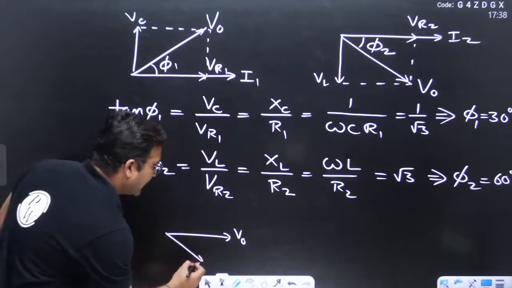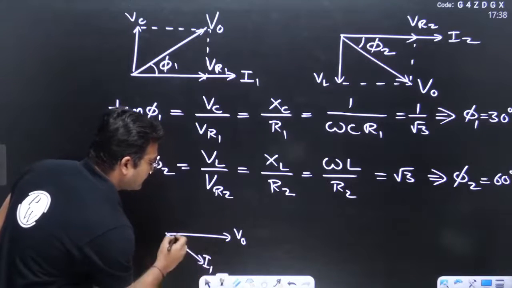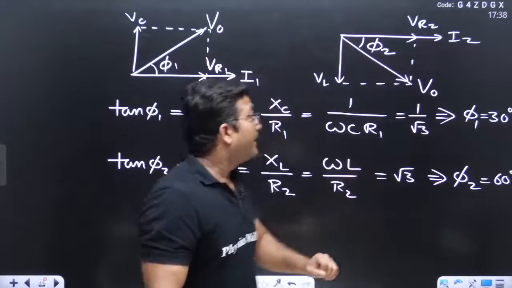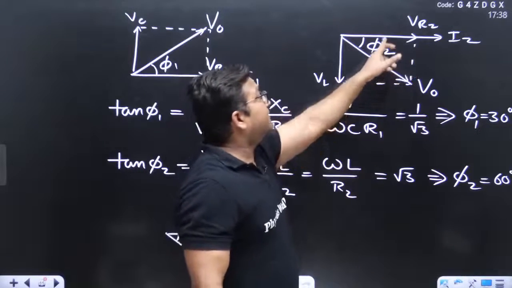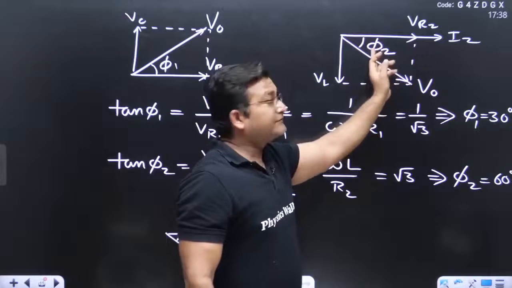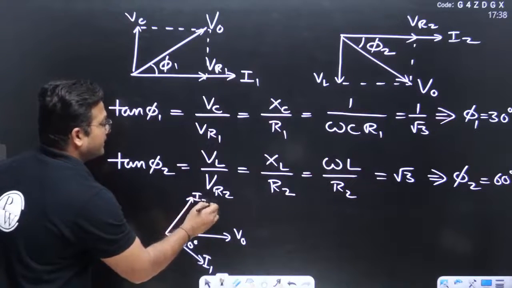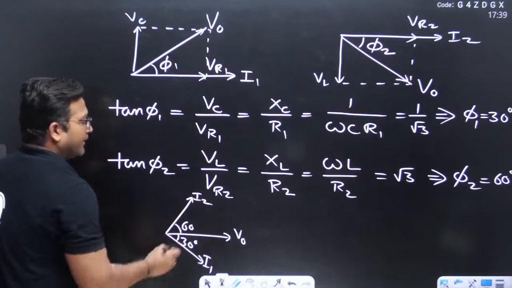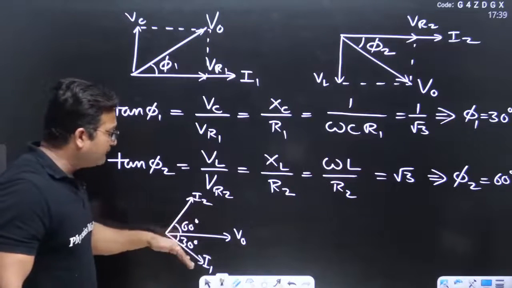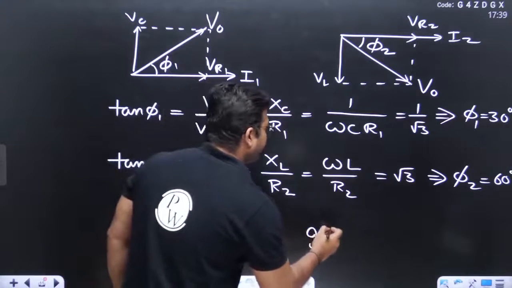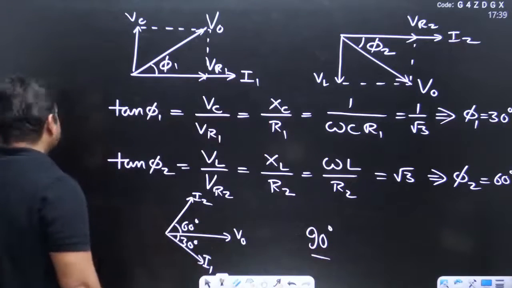So I1 lags V0 by 30 degrees, as phi 1 is 30 degrees, you can see from here. And I2 leads V0 by 60 degrees, as phi 2 is 60 degrees. And obviously the phase angle between I1 and I2 is 60 plus 30, that is 90 degrees. So 90 degrees is the correct choice.